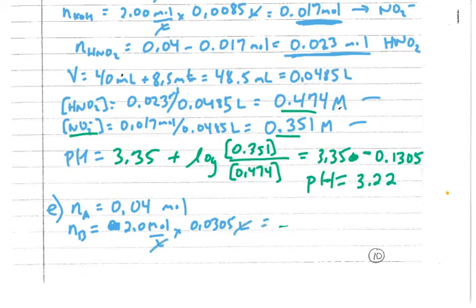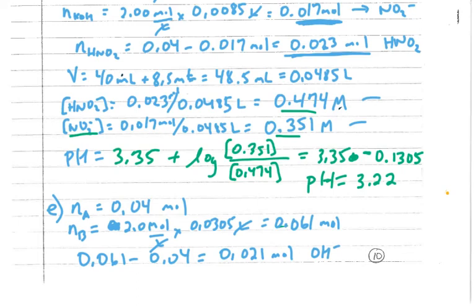And so when we add that many moles, we get 0.061 moles of our base, okay? So we're going to neutralize all of that acid and we're going to have excess base. So 0.061 minus 0.04 equals 0.021 moles of excess hydroxide from adding that many moles of base.